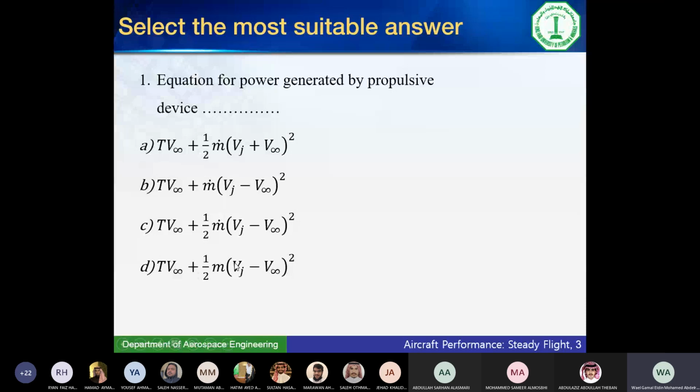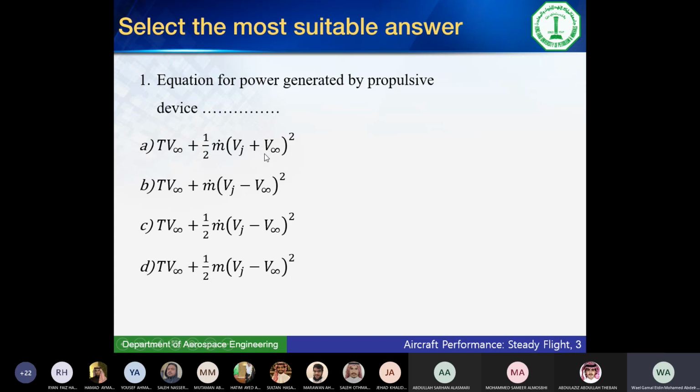Now, it's not the other term because power is the energy per unit time, and the energy is kinetic energy. So it's m dot, not m. It's per unit time because it's a flowing fluid. It's not B because we don't have the half of the kinetic energy, and it's not A because we don't have the difference between the exit velocity and the entry velocity.